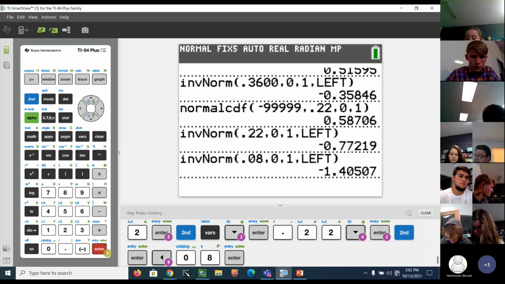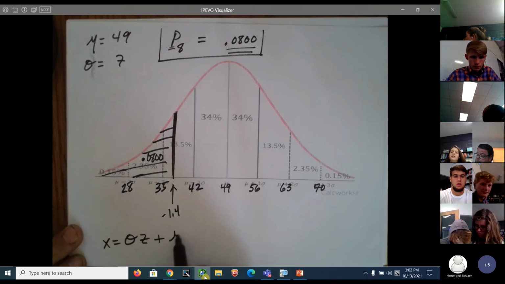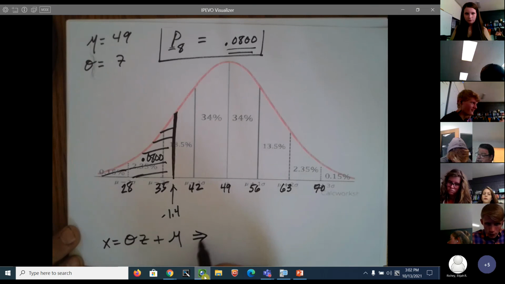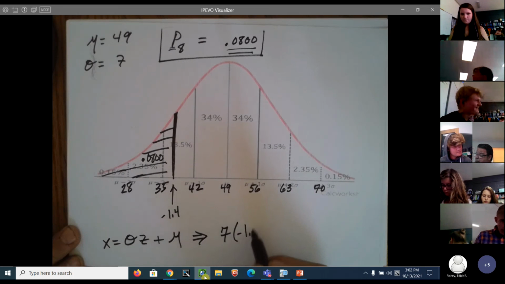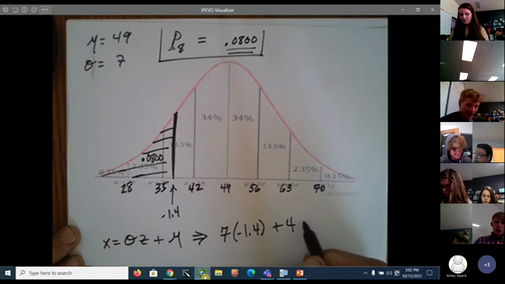Now we use Zσ plus mu. And that's going to equal 7 times negative 1.4 plus 49.